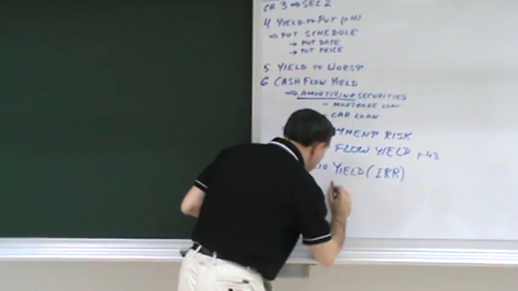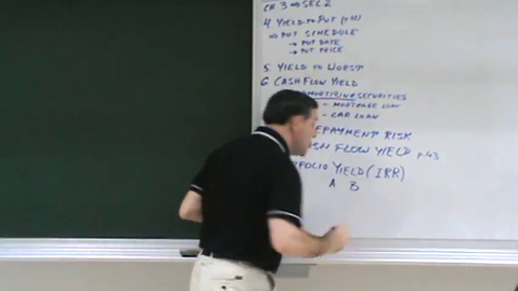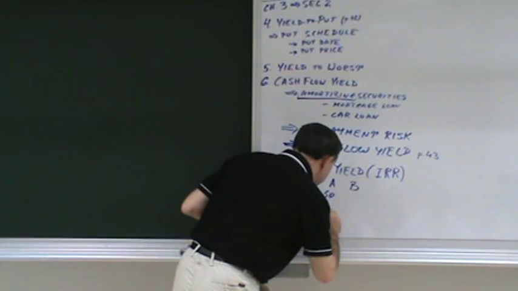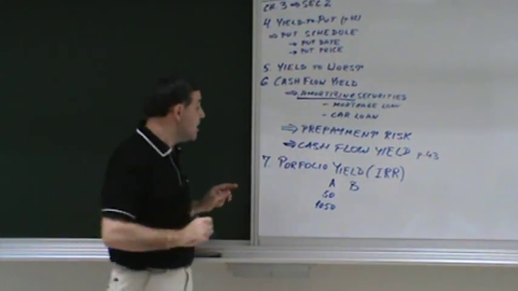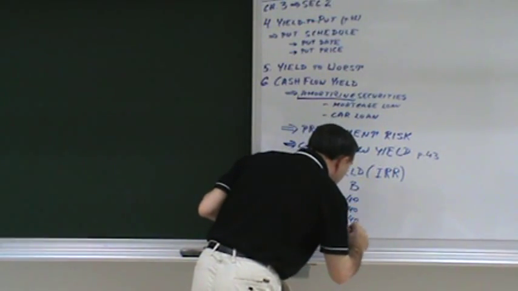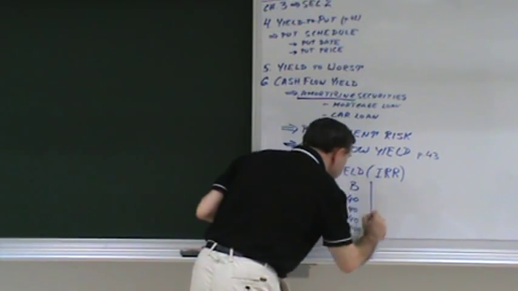So you have bond A, bond B. Bond A pays 5%, so it's going to be 50, 50, 1,050. Bond B is paying 40, 40, 40, and then 1,040.